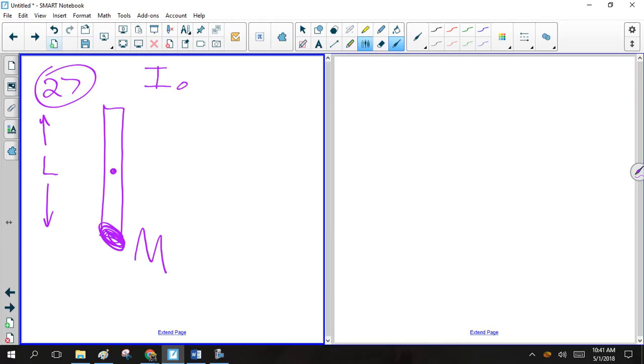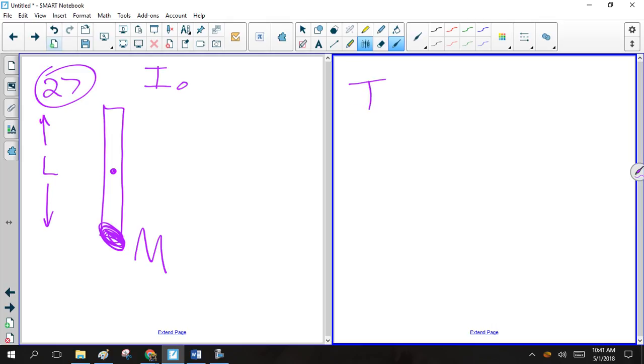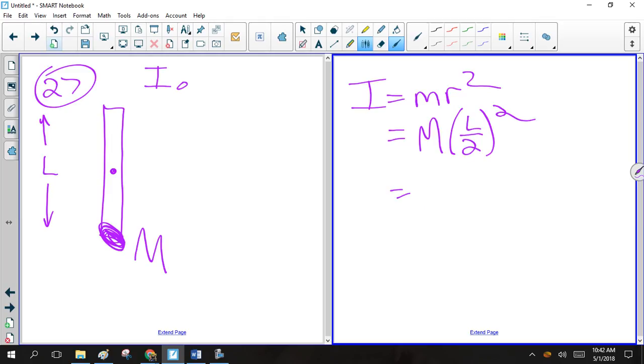Well, what's the rotational inertia of this point particle? I for a point particle is mr squared, right? So for us, m is capital M. What's r? Half of L. And then your total rotational inertia is going to be that plus I naught, which is choice A.